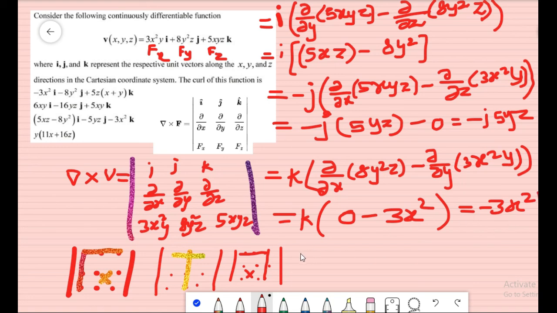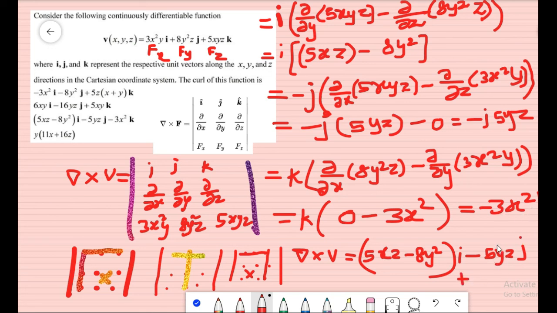Now if you combine all the terms, del cross v is equal to 5xz minus 8y square i minus 5yz j, here also minus, we have minus 3x square k.